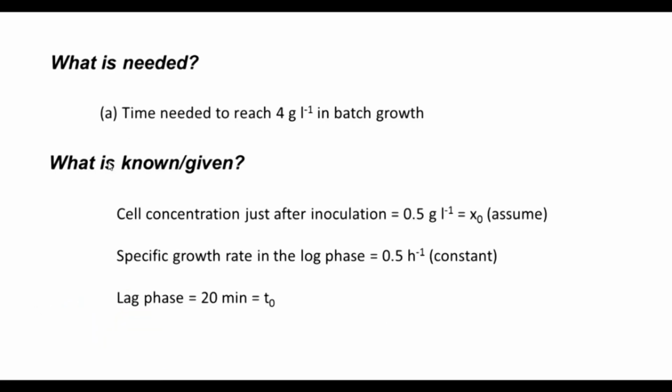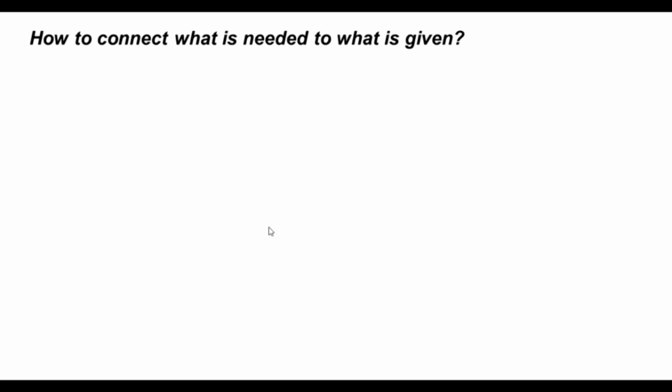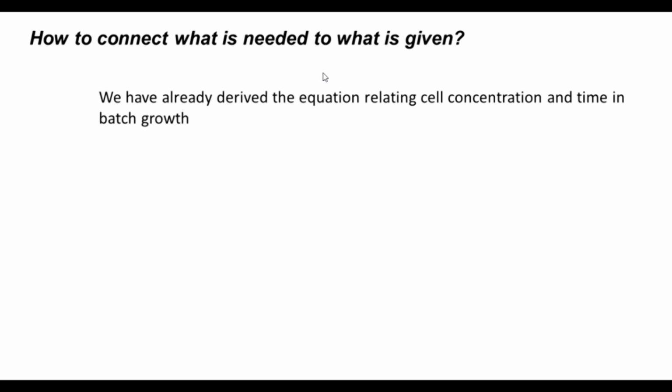So we have seen what is needed and what is known or given. Now, how to connect what is needed with what is known. We have already derived the equation relating the cell concentration and time in batch growth in the previous lecture. The equation was this: 1 by mu ln of x by x naught plus T0 equals the time.